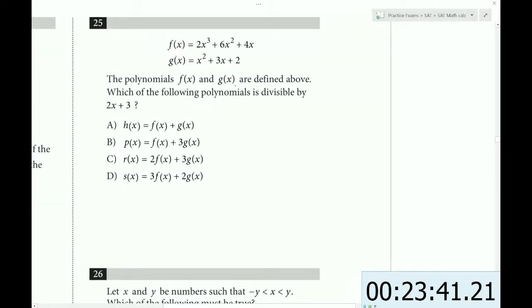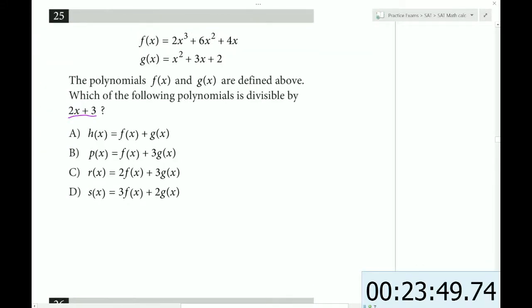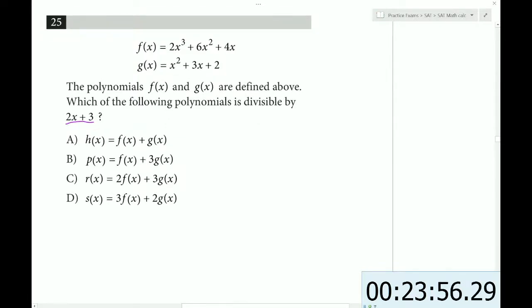The polynomials f and g are defined above. Which of the following polynomials is divisible by 2x plus 3? Okay, this is a tricky question. Here is a possible way to solve it. Let's see.